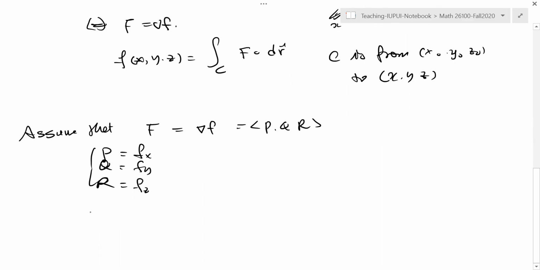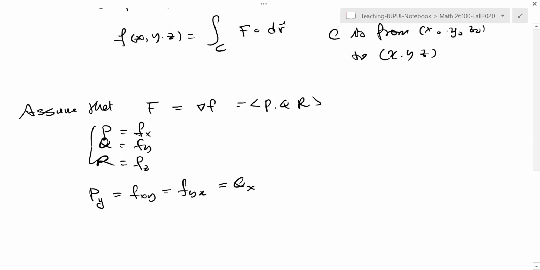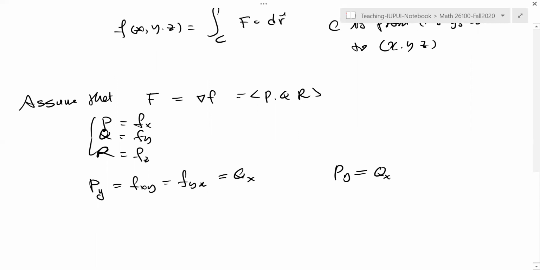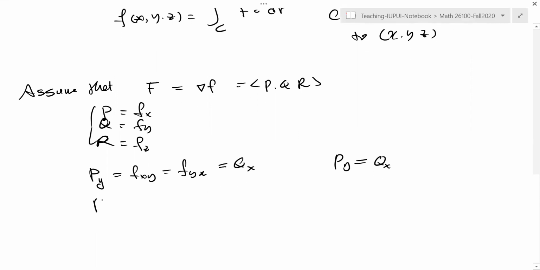We can try Py. That is fxy, and you can switch the order, and that is going to be Qx. That's the first equation: Py equals Qx. That's a necessary condition. Then Pz equals fxz, and that is fzx. Fz is the last term, R, so Rx. So Pz equals Rx.